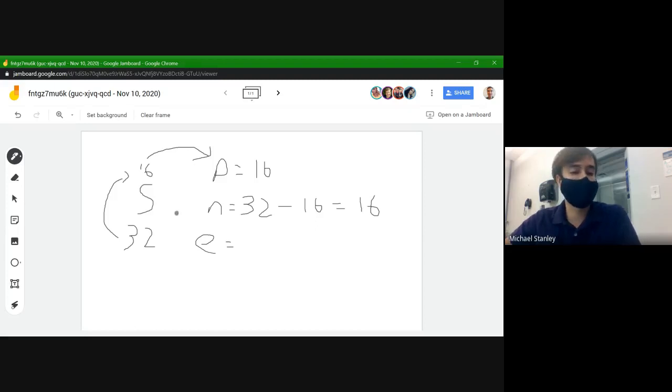So again, for neutrons, you do the atomic weight minus the atomic number. So 32 minus 16 is 16. And then finally, how many electrons are in sulfur?